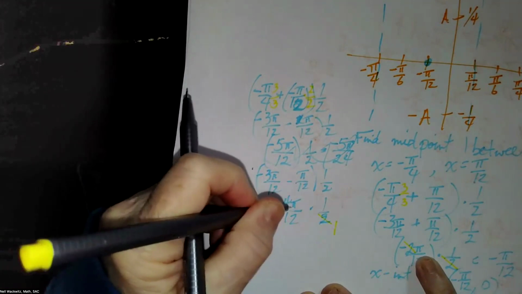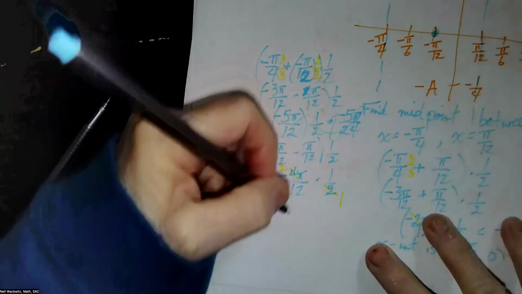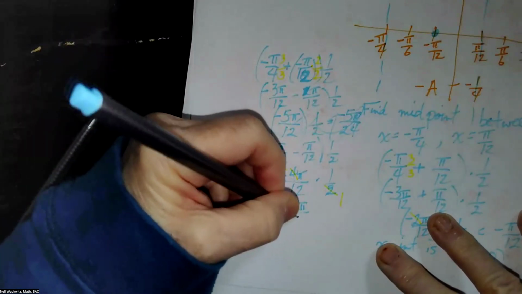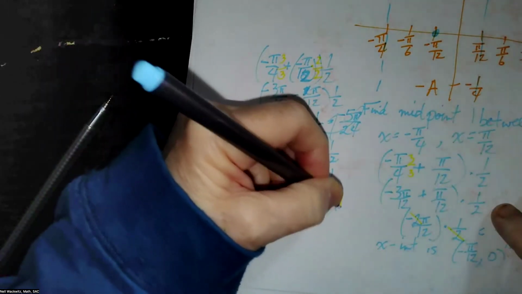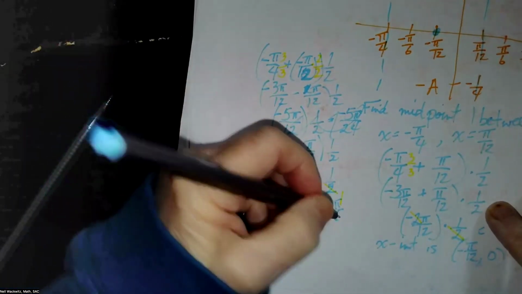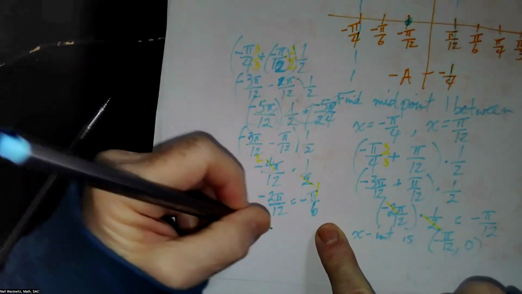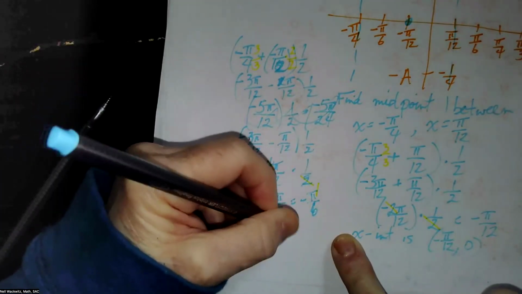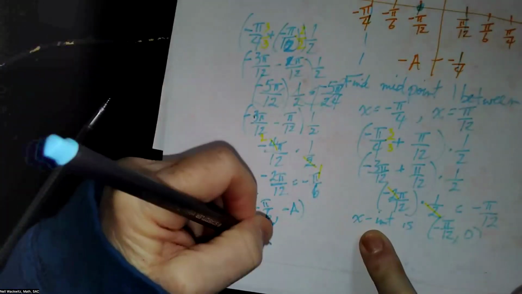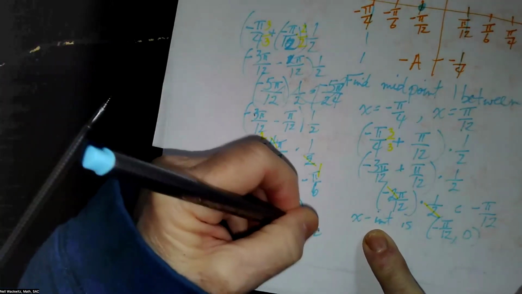Divide by 2, divide by 2. We get negative 2 pi over 12, which does reduce to negative pi over 6. This one in the negative direction is going to be matched with negative a. So negative pi over 6, comma, negative 1/4.